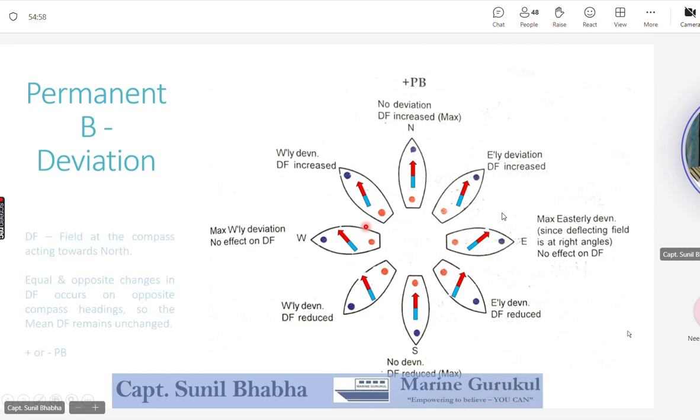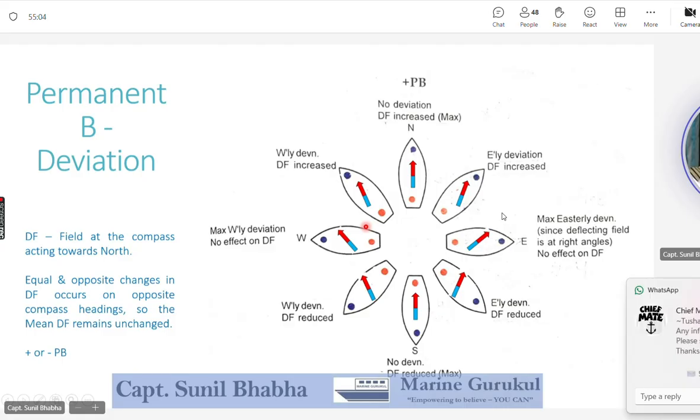This is what we mean by a semicircular deviation. For one semicircle, the deviation has a single name. For another semicircle, the deviation has an opposite name. So therefore, it is called a semicircular deviation.